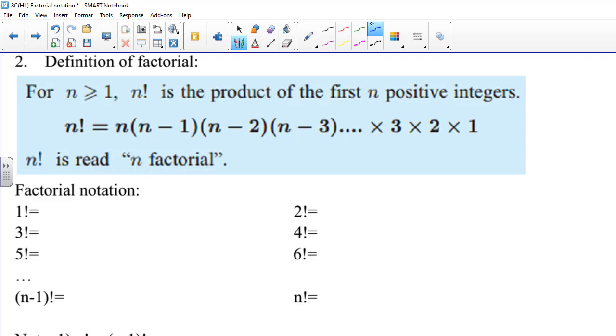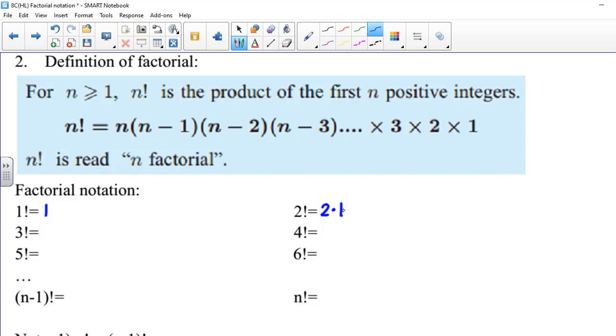Let's look at how we can use this definition to calculate the following factorials. 1 factorial means I start with 1, ends in 1. So 1 just by itself, the answer is 1. 2 factorial, I start with 2, then decrease by 1 and end the multiplication in number 1.